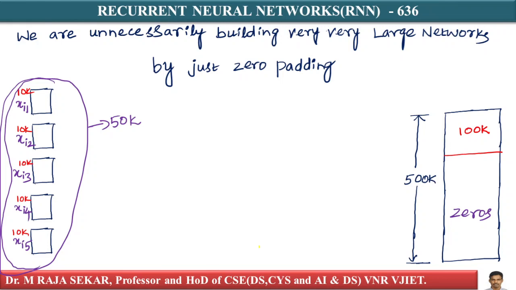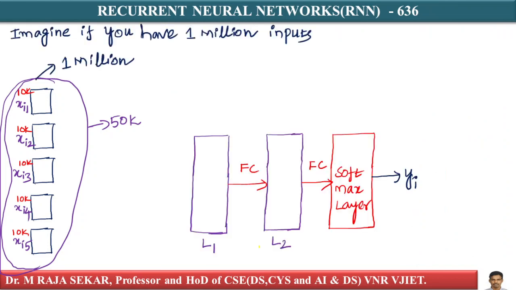I'm training such a large network, hundreds of thousands, maybe a million input vector, unnecessarily. Imagine the number of connections that you have. Let me assume you have 1 million inputs here, and let me assume a 1000 layers network, just look at the number of connections that you have.